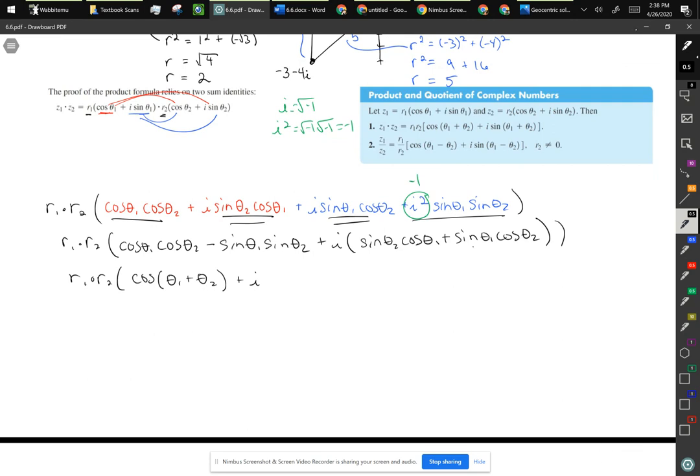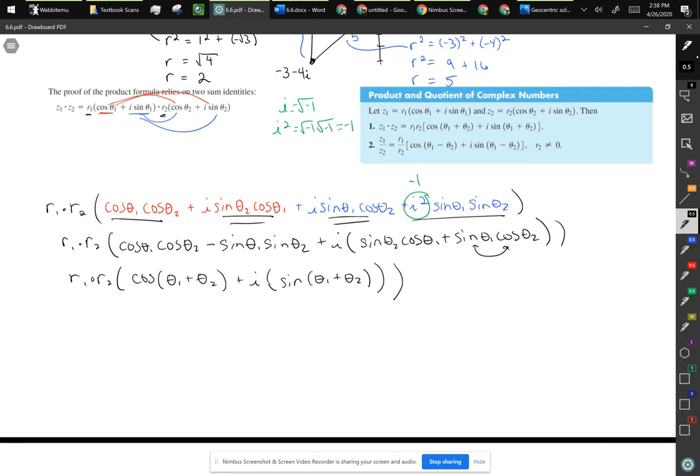So this part, if you switch it around, it goes sine, cosine, sine, right? Because multiplication order doesn't matter. So that ends up being the sum of two angles for a sine function. So sine of theta 1 plus theta 2. Again, addition order doesn't matter, so I can say it's theta 2 plus theta 1 or theta 1 plus theta 2.